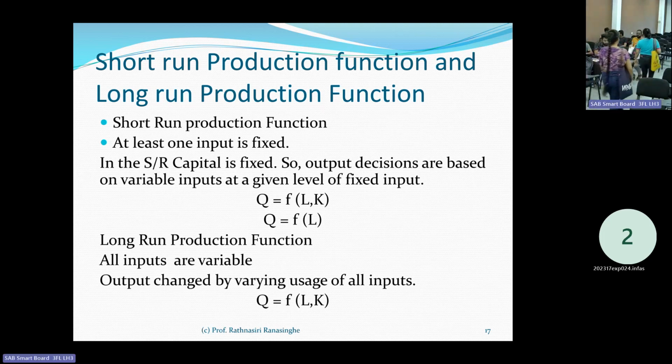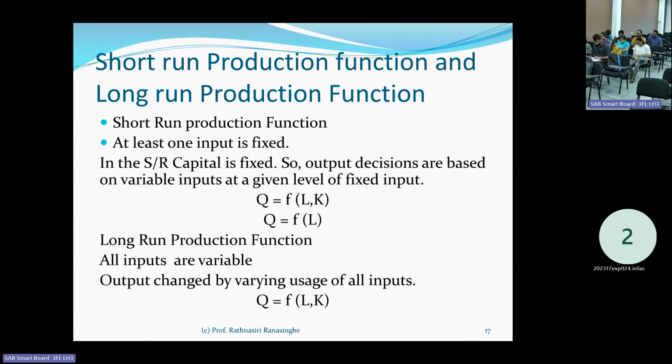So we talked about basically our production function. That's very important evidence in managerial decisions, right? Last day we talked about the short run production function. The producers try to maximize output by combining different inputs.